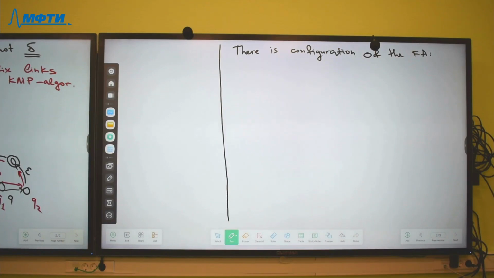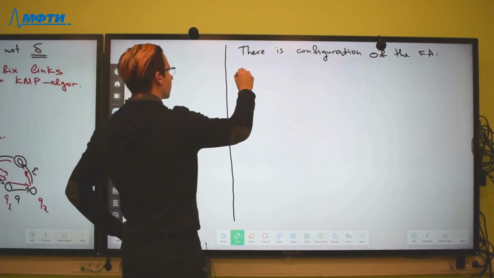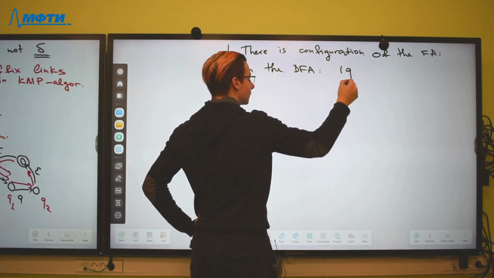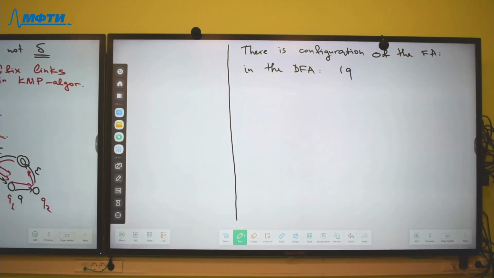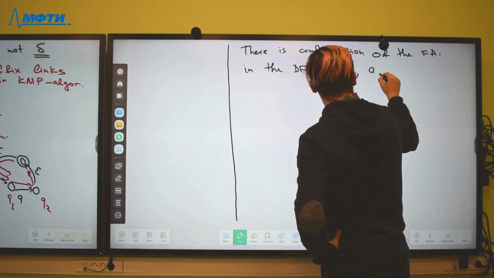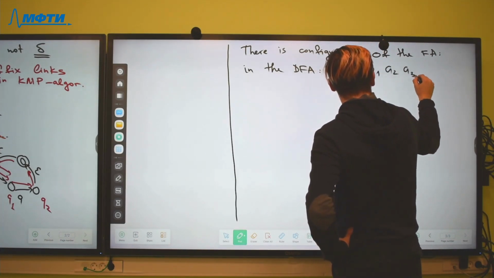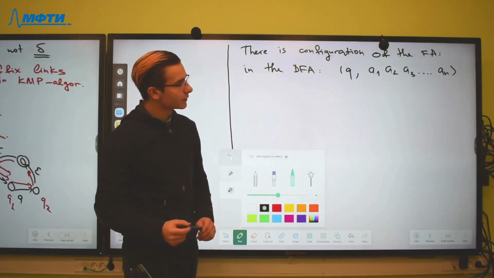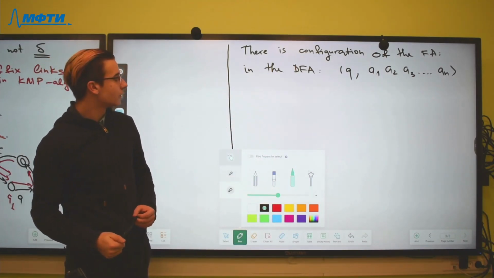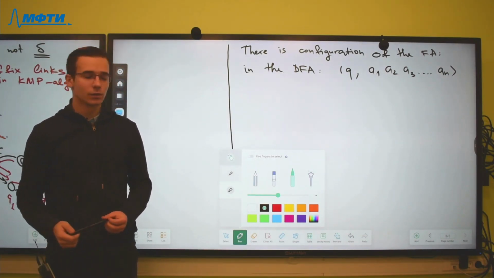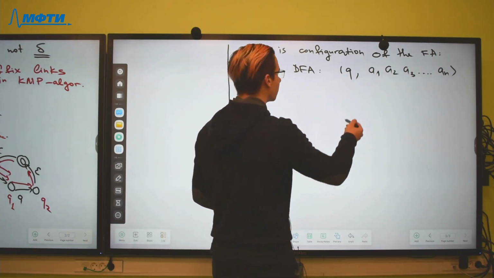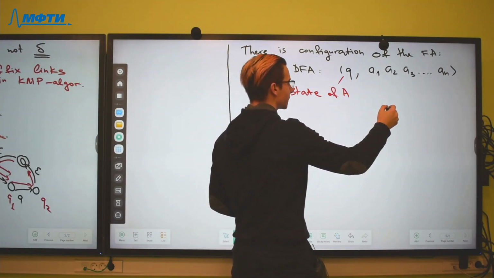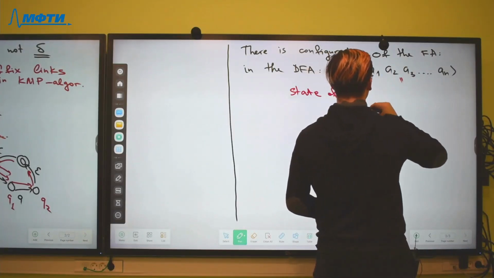And in the DFA, it is equal to the state of the automaton and the part of the input string that we haven't already read.